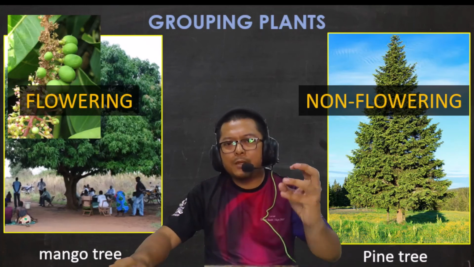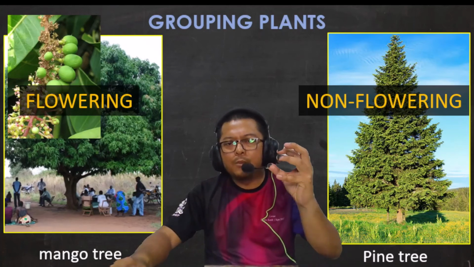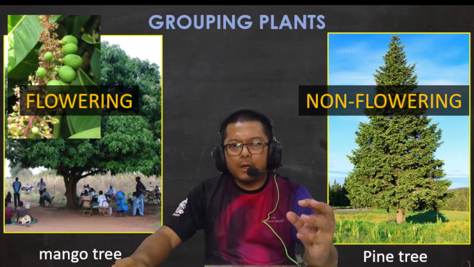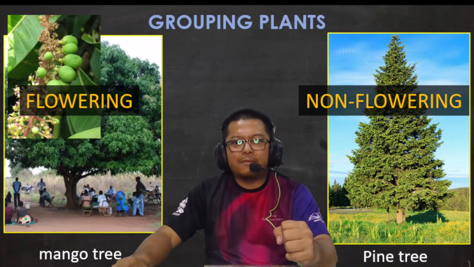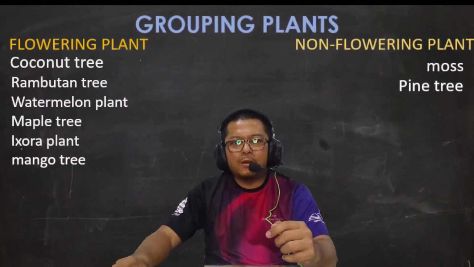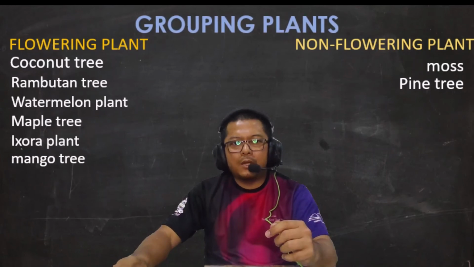Sometimes this tree has something round like a cone, it's not a fruit. Not a flower, not a fruit. So it's called the non-flowering group. Mango tree would be here, and pine tree would be in the non-flowering plant group.